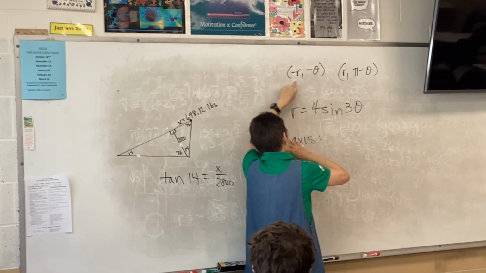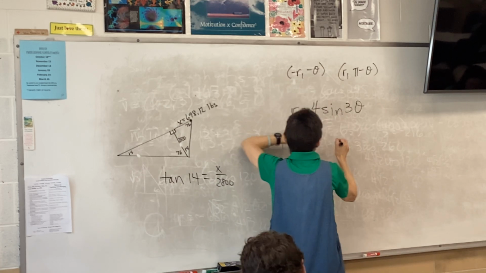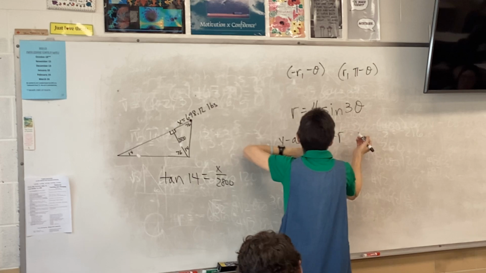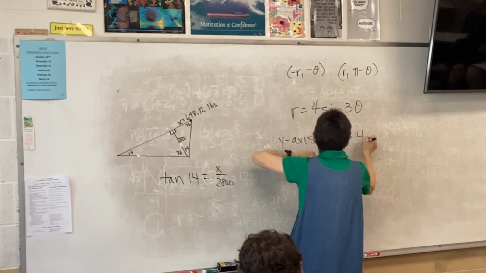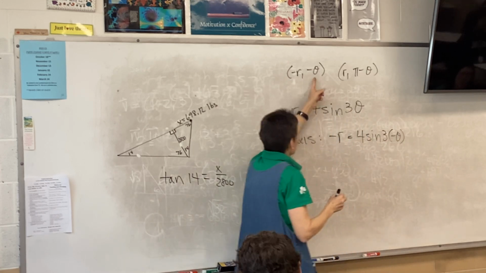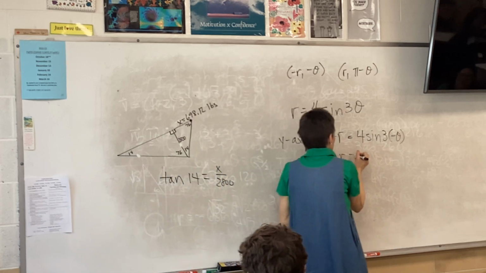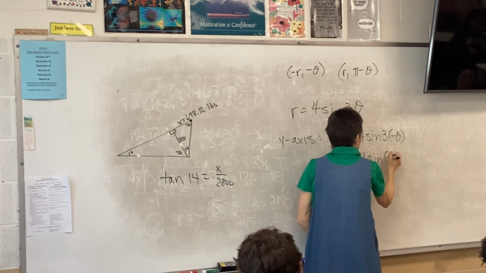If it doesn't work, then you have to move on and try this one. So I'm going to plug that in. I'm going to have negative r equals 4 sine 3 negative theta. I just plug in negative r and negative theta. So this is negative 3 theta.